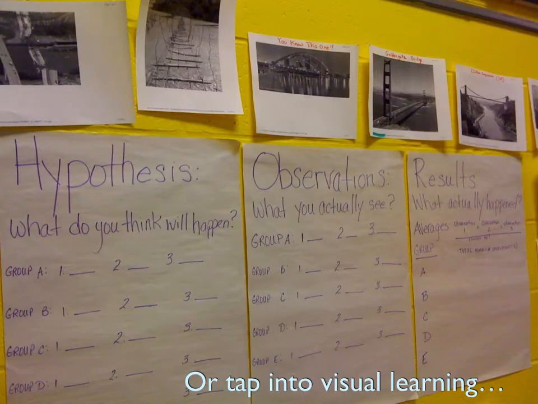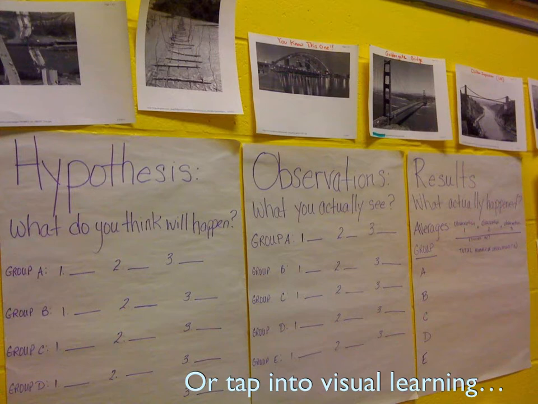We can also tap into visual learning. I love this project. It happened to be about bridges when the kids were going to construct a bridge, but it connected pictures of actual bridges in the Rochester area or other bridges that might be familiar to them that they might have seen.